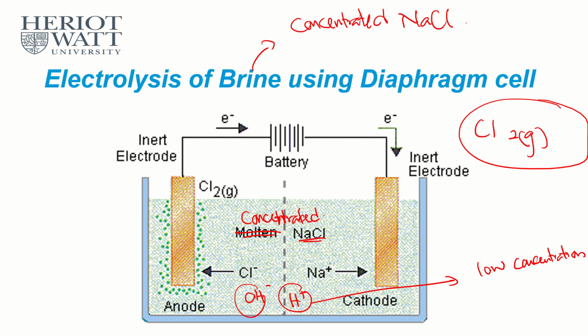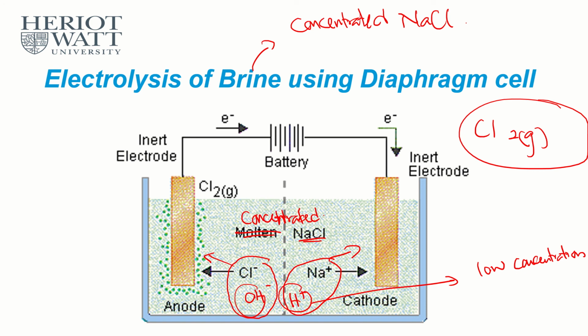Now, what happens when electrolysis takes place? The battery is connected to the graphite, and what happens? The negative ions, which are OH minus and Cl minus, are both attracted to the anode, and sodium plus with H plus are both attracted to the cathode. But will both actually discharge? Which one undergoes reduction, sodium plus or H plus?